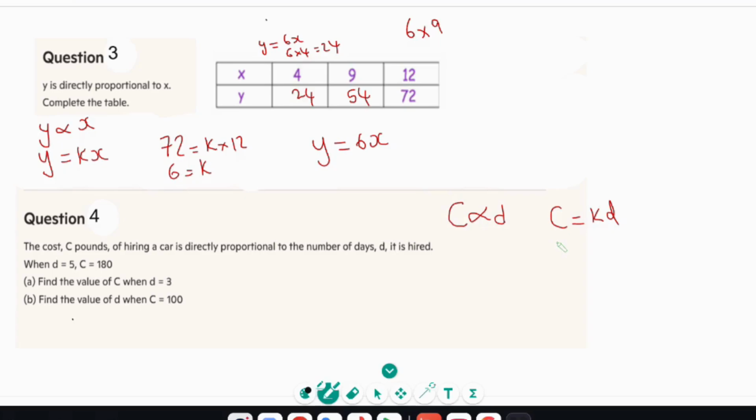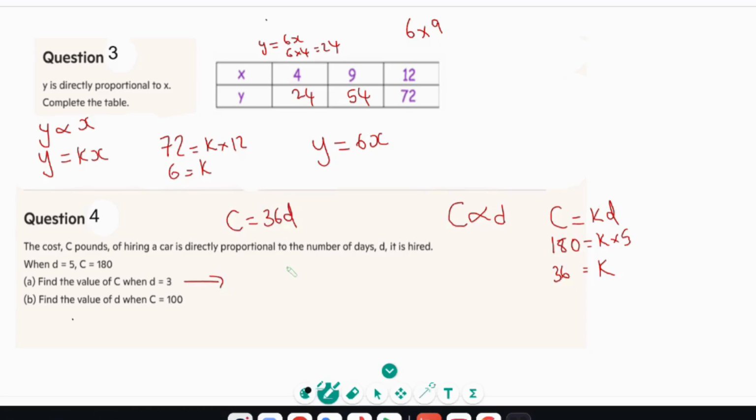When D is 5, C is 180. So let's find K by dividing both sides by 5. K is 36. There's our formula. C is equal to 36D.